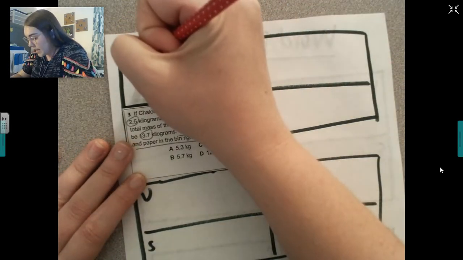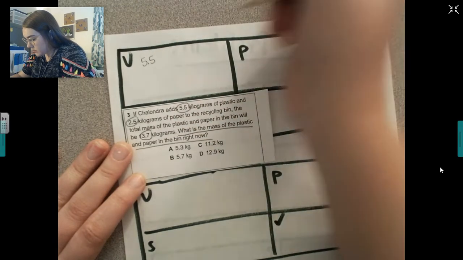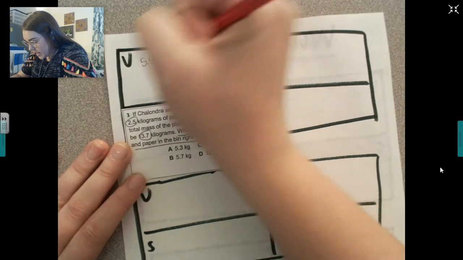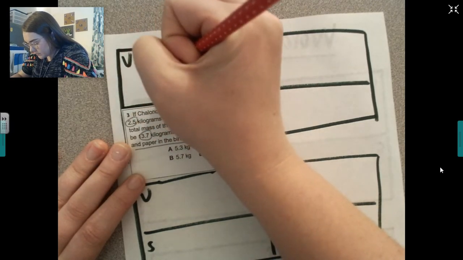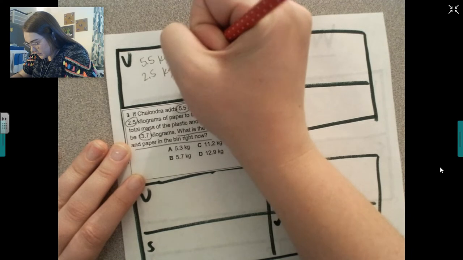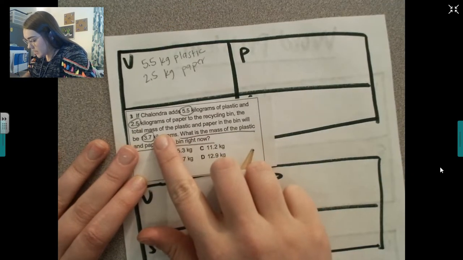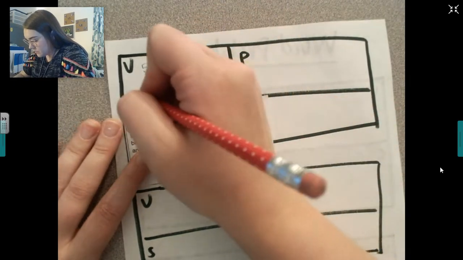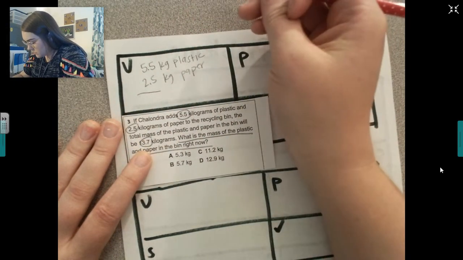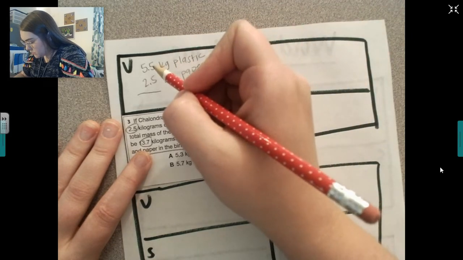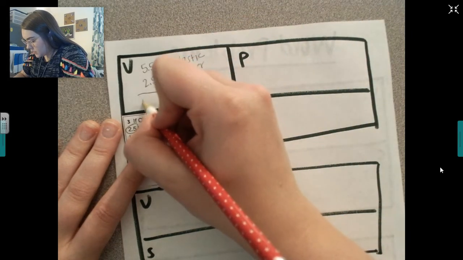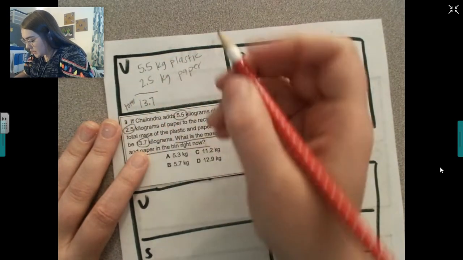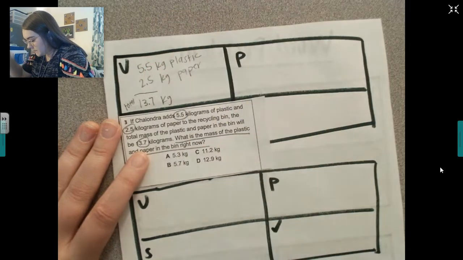So we know if we have 5.5 kilograms of plastic and 2.5 kilograms of paper, the total mass of the plastic and paper will be 13. This is the total. Sorry, guys. 13 7/10 kilograms.